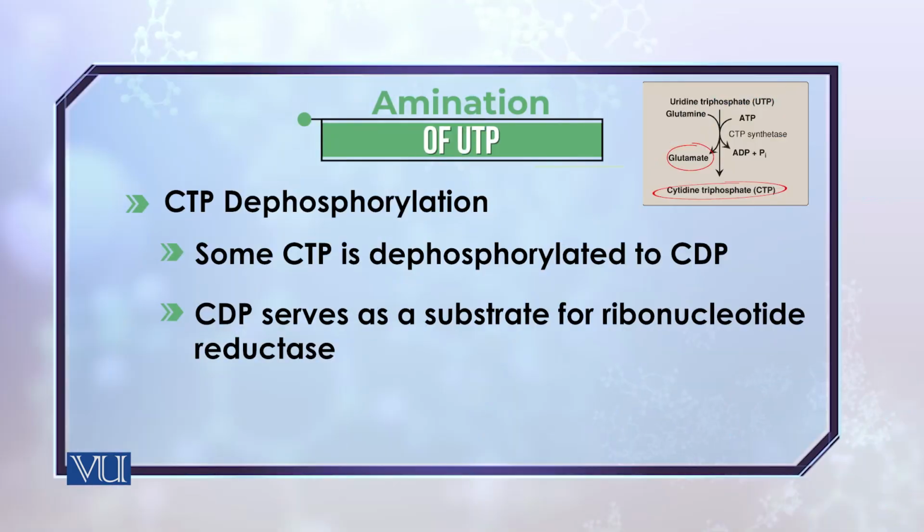As was the case with the UTP, similarly CDP, that is the diphosphate, the cytosine nucleoside consisting of 2-phosphate moieties, can also be converted into the corresponding deoxyribonucleotides through the activity of the ribonucleotide reductase.